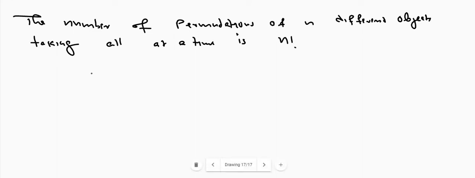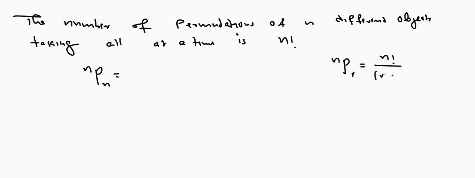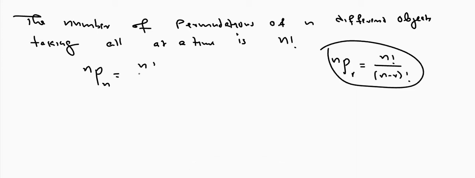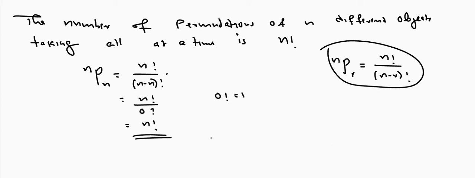That is, nPn, the number of arrangements of n objects taken all at a time, we know nPr equals n factorial divided by (n minus r) factorial. Then nPn equals n factorial divided by (n minus n) factorial, which is n factorial by 0 factorial. We all know that 0 factorial is equal to 1. Then the answer will be n factorial. That is, the number of arrangements of n objects taken all at a time is n factorial.